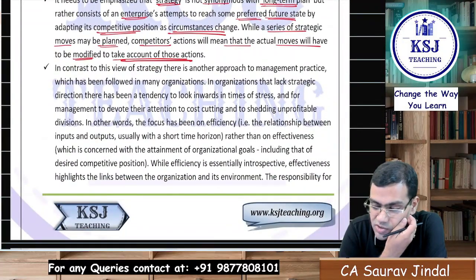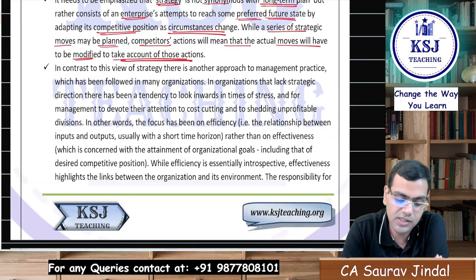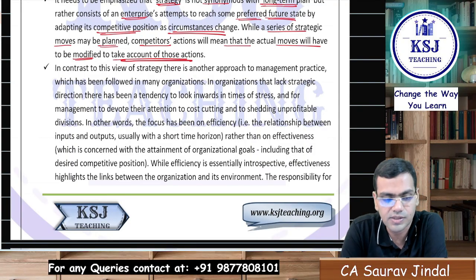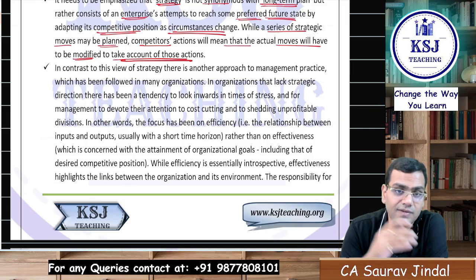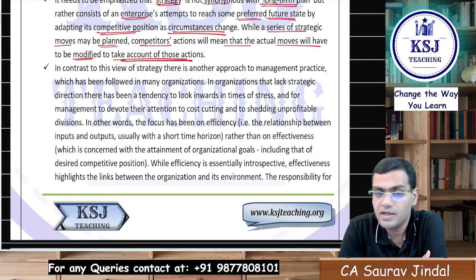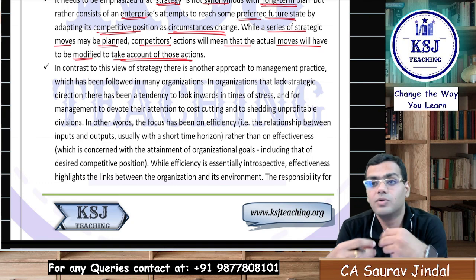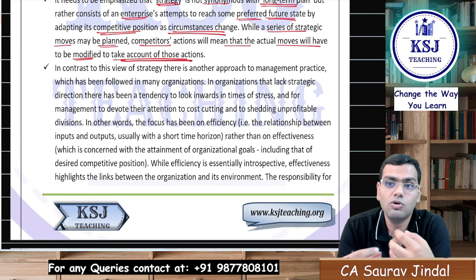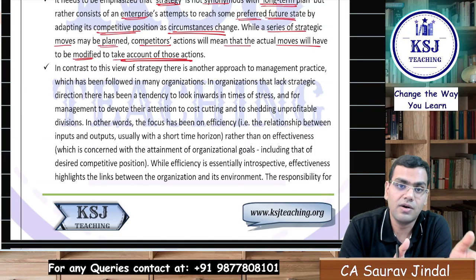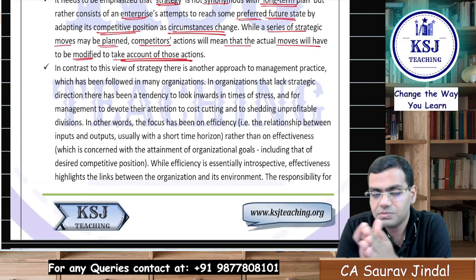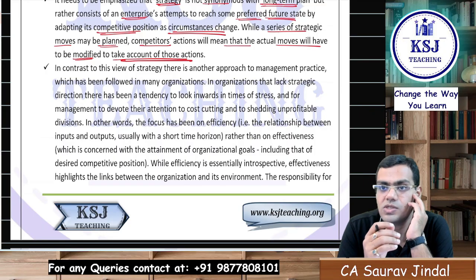So in contrast to this, there is one more thing that is looked at when we talk about strategy implementation. He says strategic formulation is one part. Sometimes the companies look at whether whatever the strategy that you have formulated, whether you have the resources, whether your internal processes, whether your input-output processes, they are efficient enough to implement those strategies in the right way, right? Sometimes the companies look at this like this.